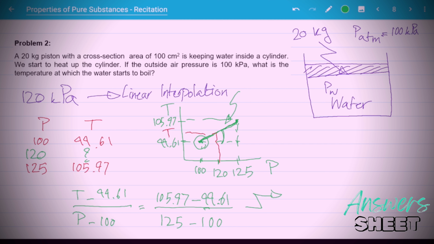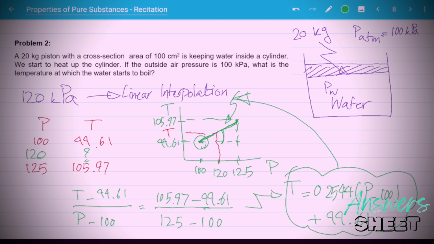Okay, so if we continue with this, we can get that temperature is 0.2544 times pressure minus 100 plus 99.61. So this is the equation of our green line, right?